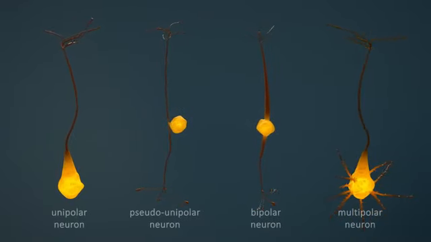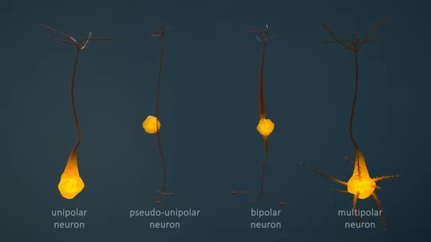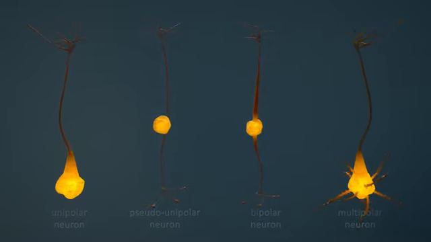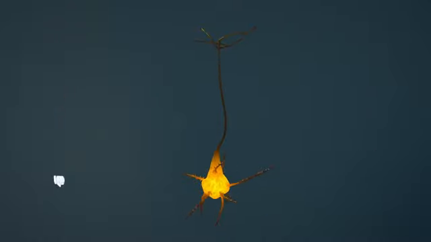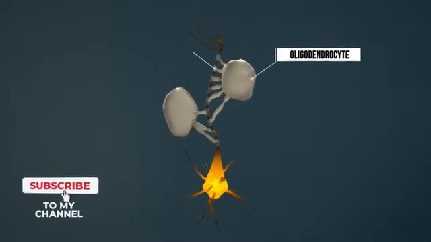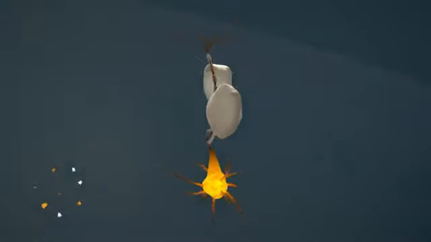Nerve cells are usually divided into the types shown here. In addition, many axons in the human body are surrounded by myelin, which is formed within the brain by oligodendrocytes. This allows an impulse to be transmitted even faster.